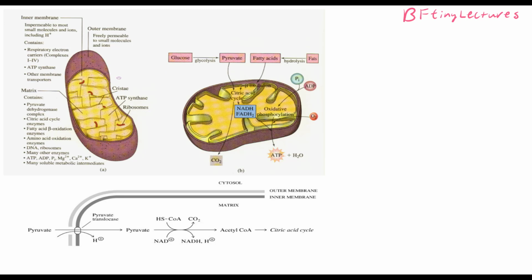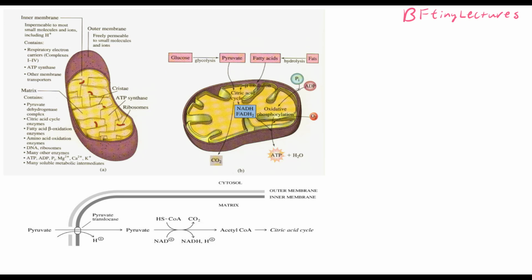Pyruvate is able to cross the outer membrane, but then when it enters the cytosol of the mitochondria, it's going to need something to enter the inner membrane, because again, the inner membrane is not permeable.